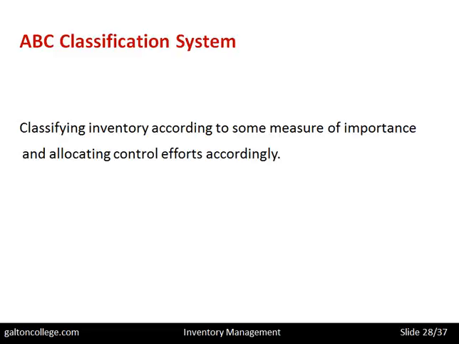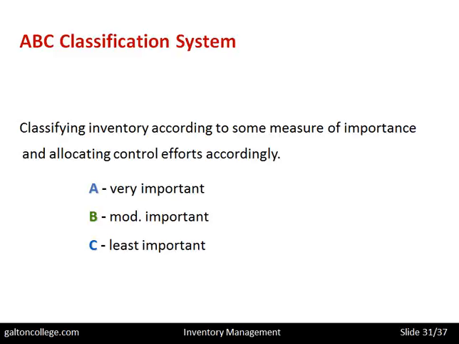So it classifies them according to ABC. A being the most expensive, the ones that the stores must monitor very closely indeed, whereas B not so closely, and C again less than B. So A is very important, B moderately important, and C least important.